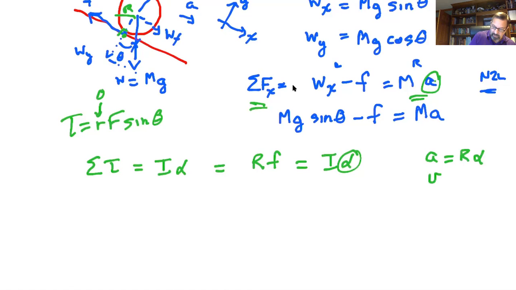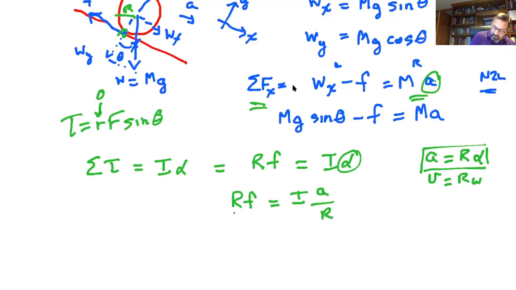We also said that velocity was equal to r times angular velocity, but the one we're going to use is that one. And so that means that r times f, the torque that the friction force is putting on this round object, is equal to the moment of inertia times, solving for alpha here, the translational acceleration over the radius.